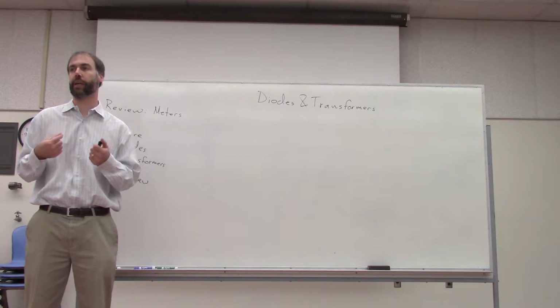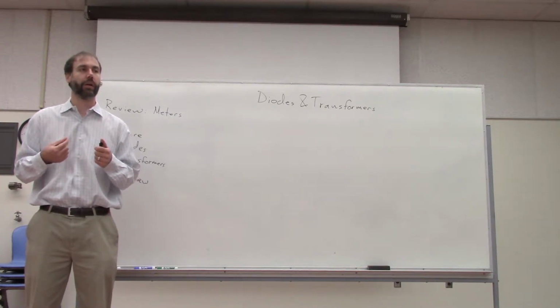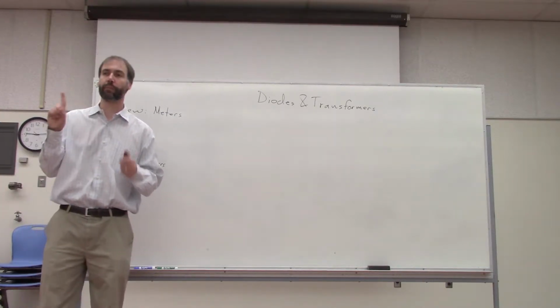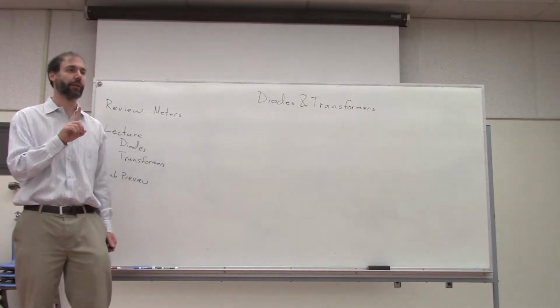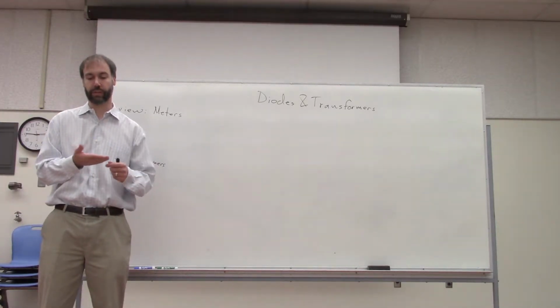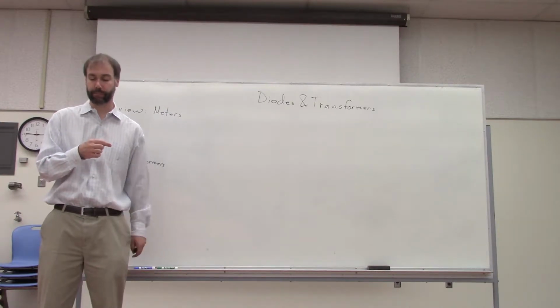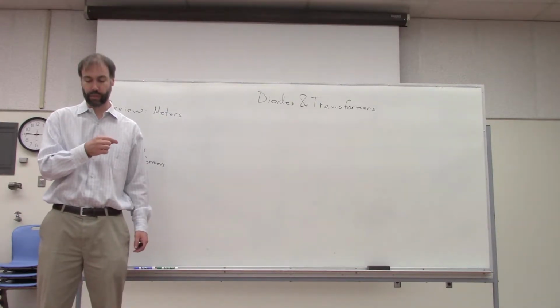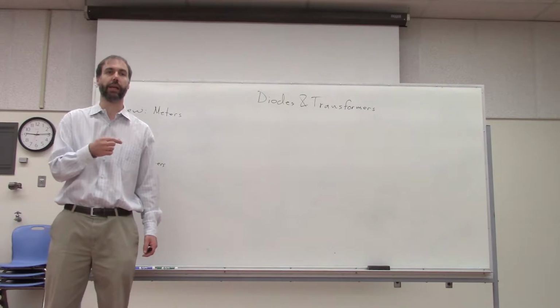The hole that said 10 amps. And when we did that, there was only one place where we could put the dial, right? We had to turn the dial so that the arrow was pointing to the little indicator that said 10A, okay?